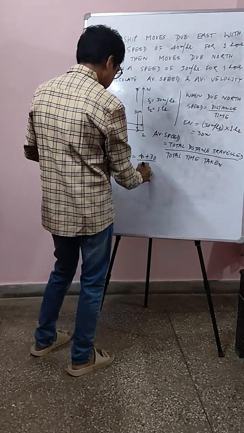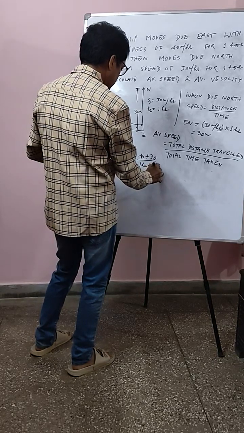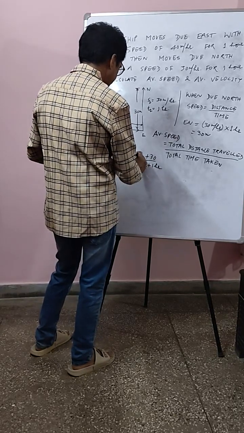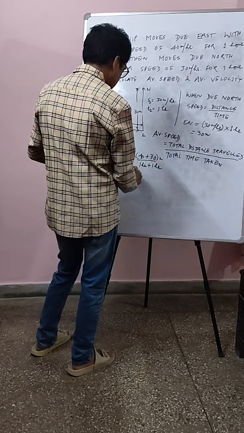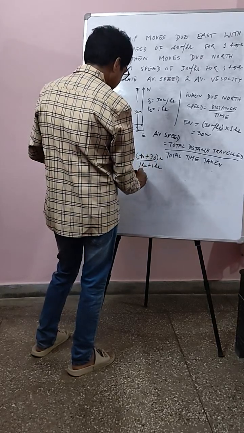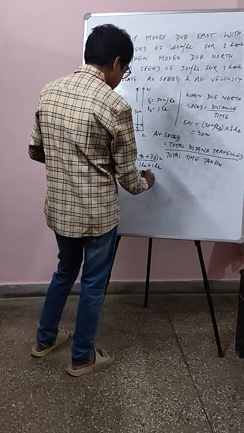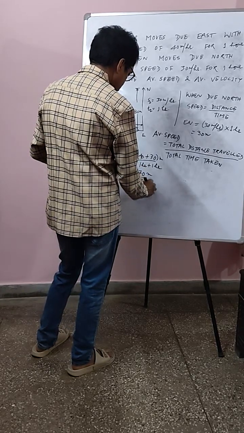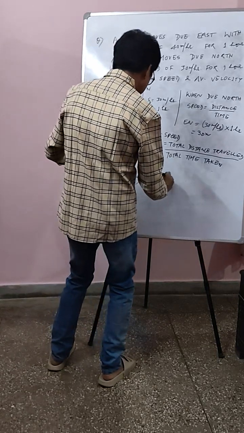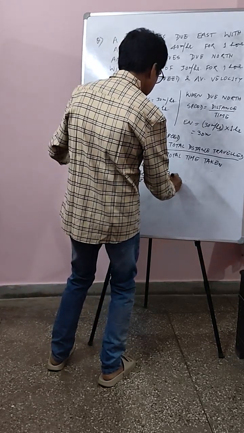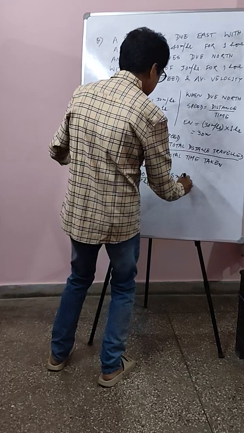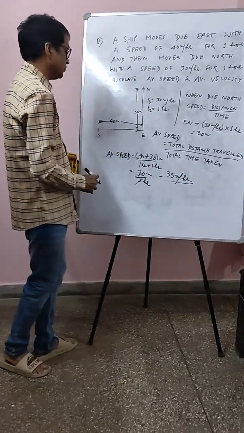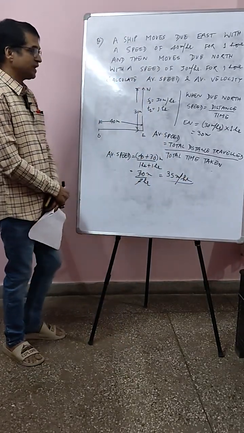So 1 hour plus 1 hour equals 70 meter upon 2 hours, so the average speed is 35 meter per hour.